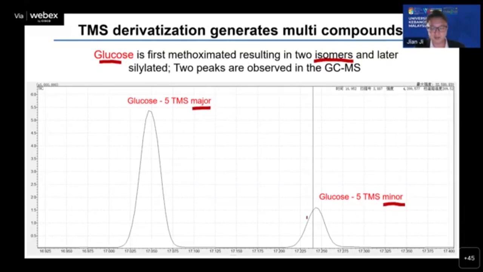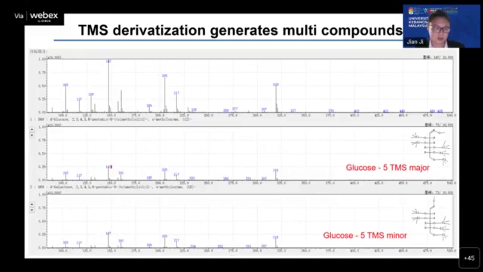Their EI spectra are almost the same. Looking at glucose with 5 TMS, the major and minor forms have totally the same spectrum. So if we only use EI spectrum similarity to identify metabolites, you will get it wrong.